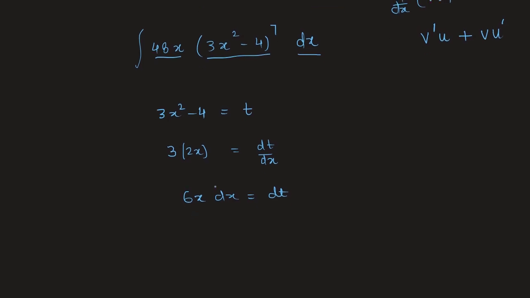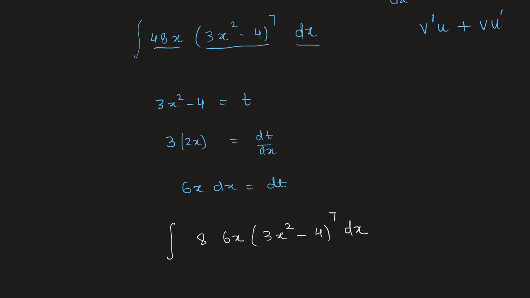Okay. Now I will do a small manipulation over here. Can I write this 48x as 8 times 6x, so 8 times 6x (3x square minus 4) to the power 7 dx? Yes or no?